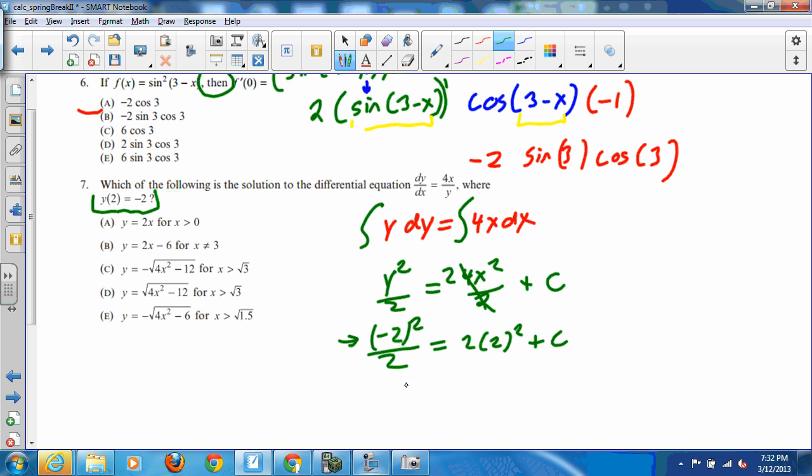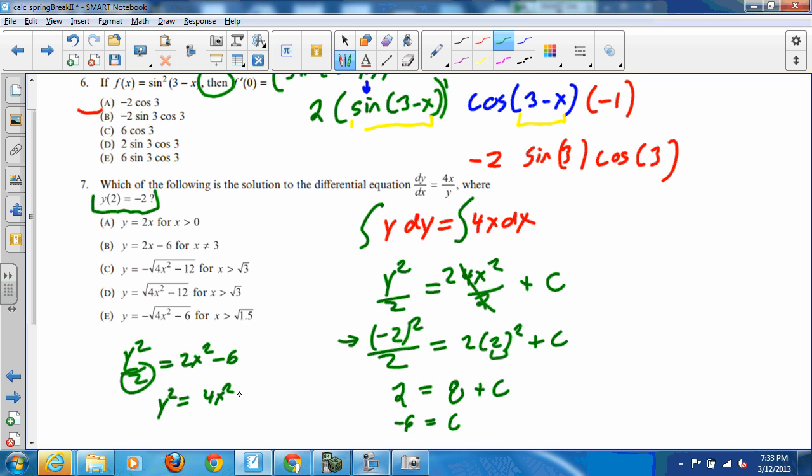That's a positive 4 over 2, so we have a positive 2 equals, that's 4, 4 times 2 is 8, plus c, so it looks like our constant is equal to negative 6. Alright, so let's go ahead and fill it in. We simplified this to what? 2x squared minus 6. Solving for y, we're going to have to multiply everything by 2. So we get y squared is equal to 4x squared minus 12.